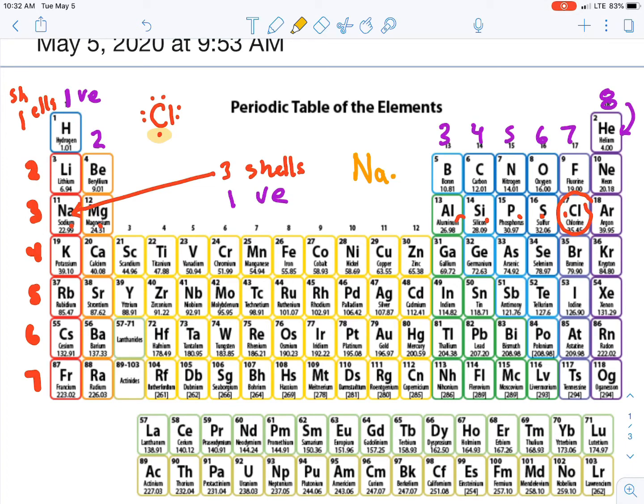Now, we want to see what the charge is of this thing. Good thing I have 2 examples here, right? Remember, octet: everything wants to get as close to 8 as it possibly can.